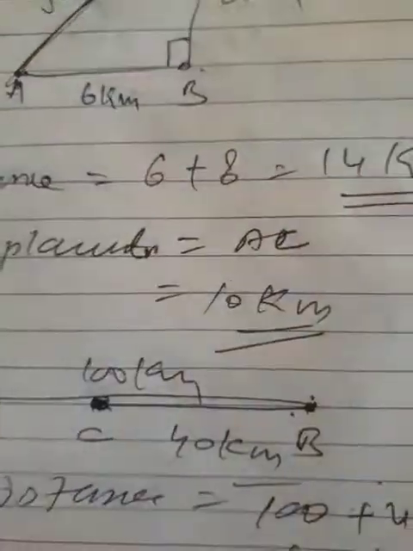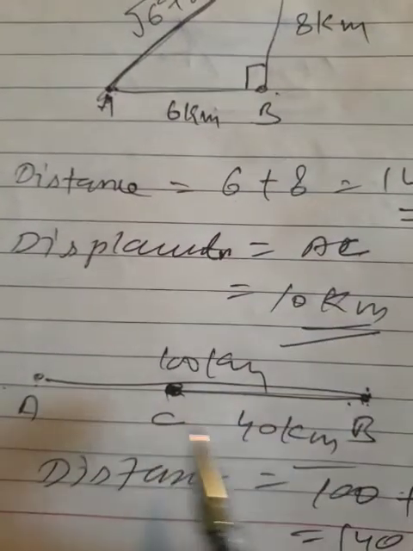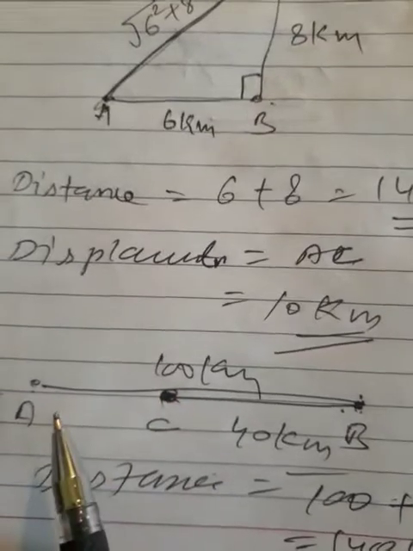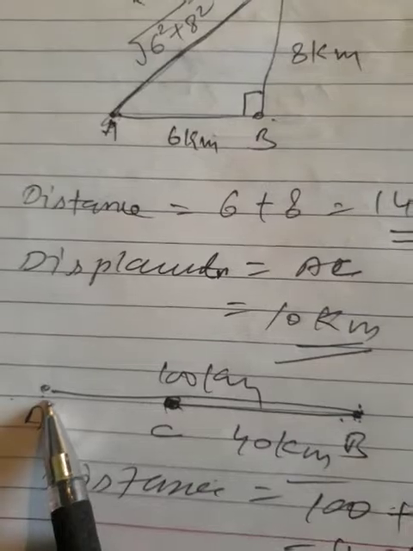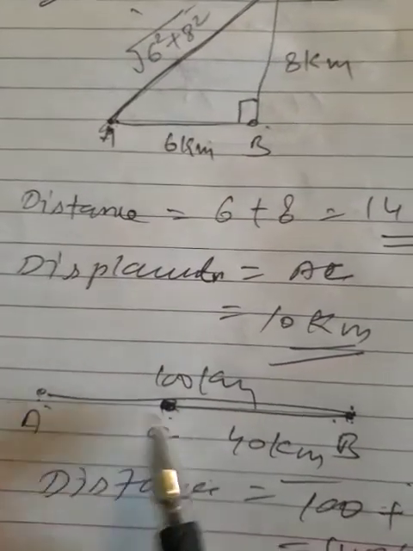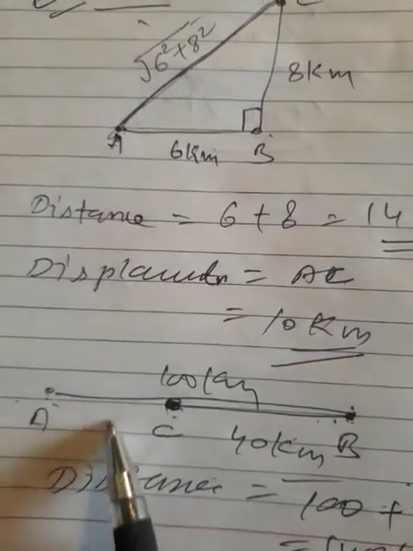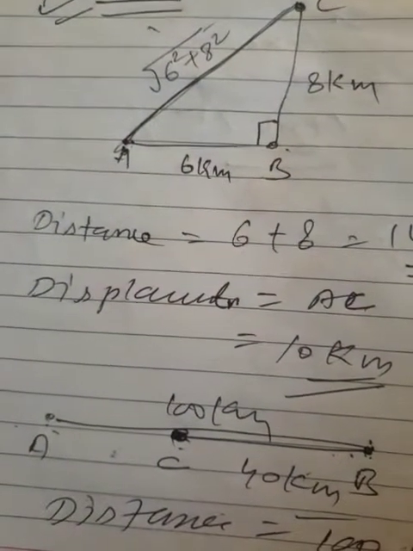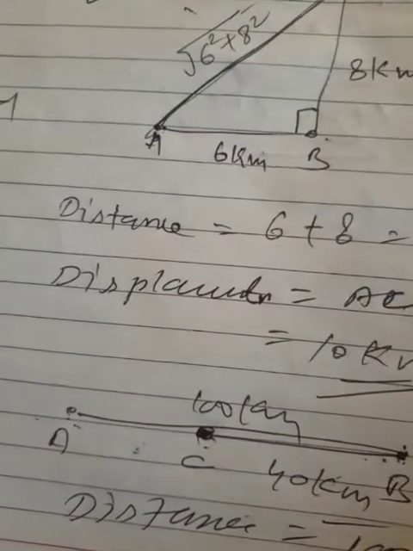When the object moves from point A to B, 100 kilometer, and then returns 40 kilometer to C, then the shortest distance between initial point A and final point C will be equal to only 100 minus 40, which is only 60. Your displacement will be equal to AC, and that AC can be written as 100 minus 40 is equal to 60 kilometer. This is your displacement.